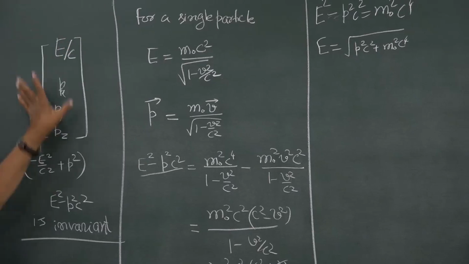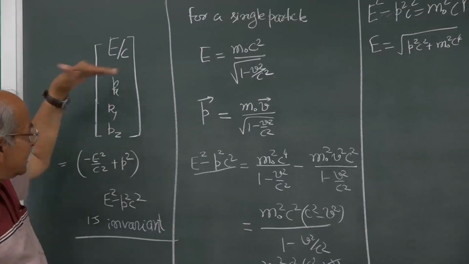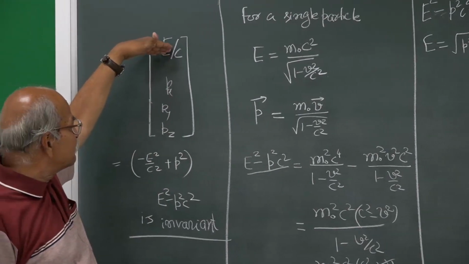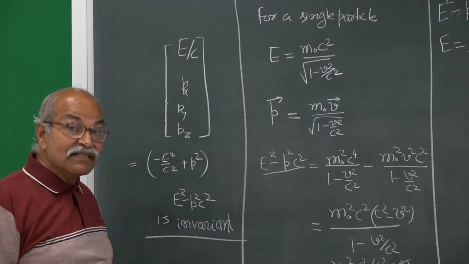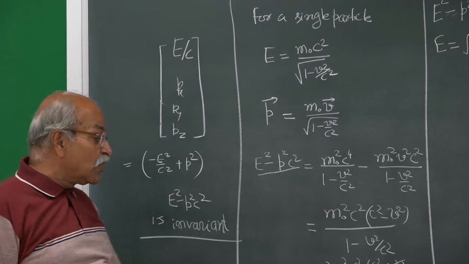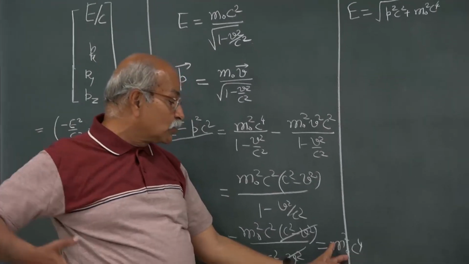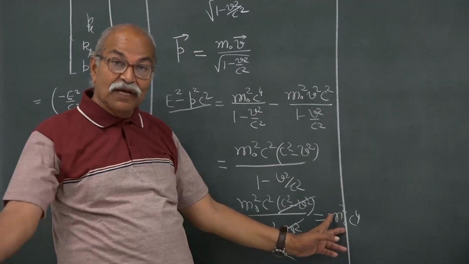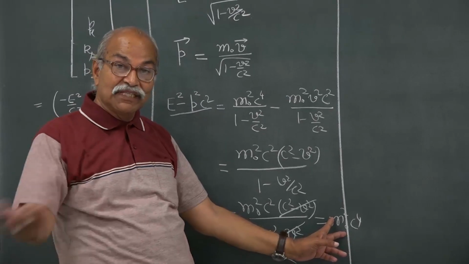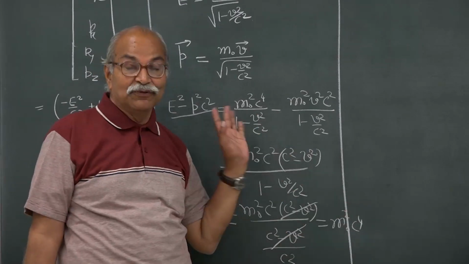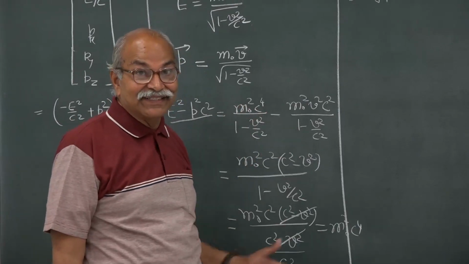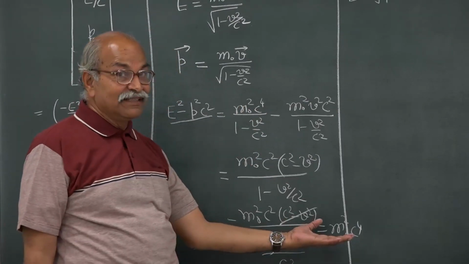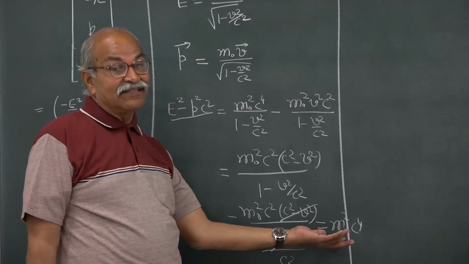If you write these, it is still a 4-vector, and again minus of this square plus this square plus this square plus this square will remain invariant. But it will not be something like the total rest mass of the two particles, m naught 1 plus m naught 2, square, c to the power 4. That is not guaranteed, that is not the case. But whatever it is, it will remain invariant.